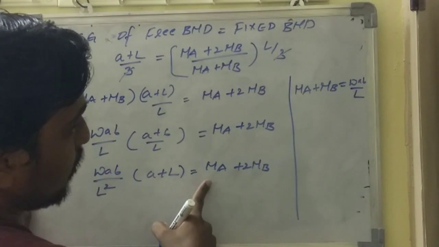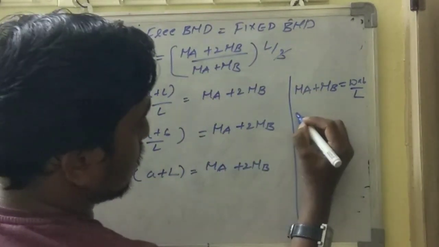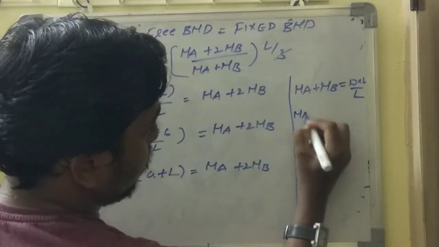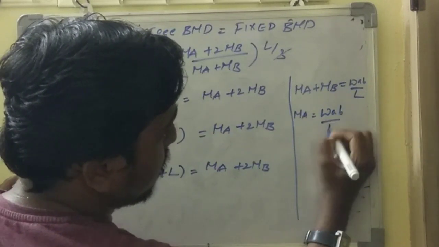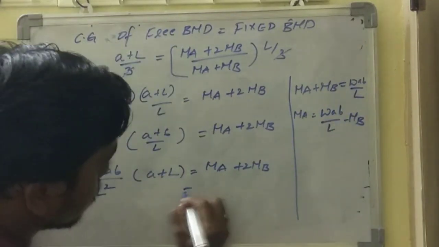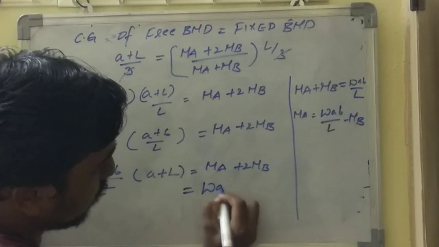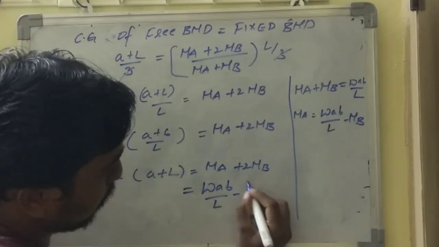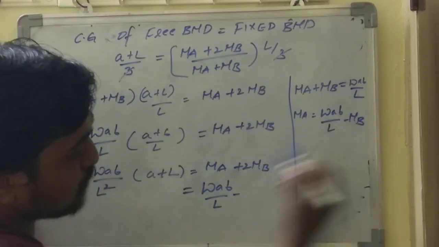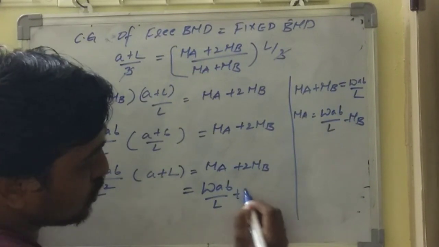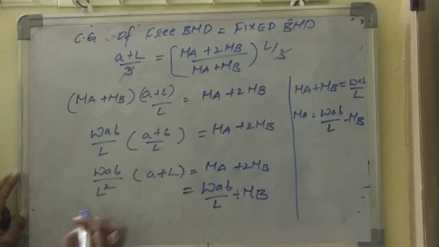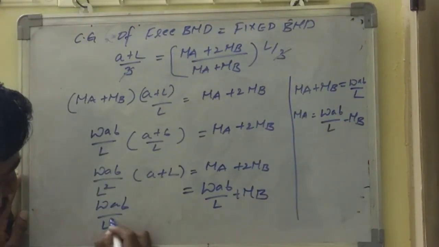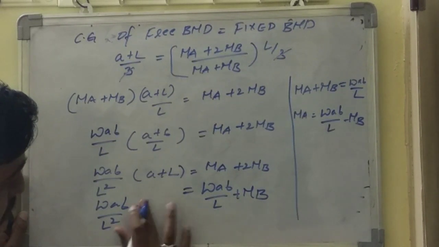So if I am taking MA outside, MA will be equal to WAB/L minus MB. So I am substituting here WAB/L − MB + MB. I am substituting minus MB here plus MB. So overall you will get MB value. So here it will be WAB/L² into (A + L).